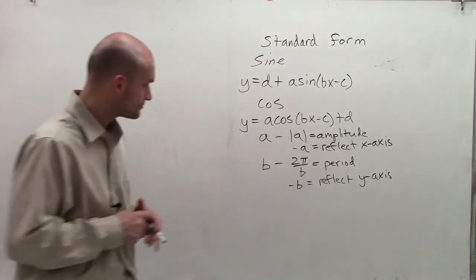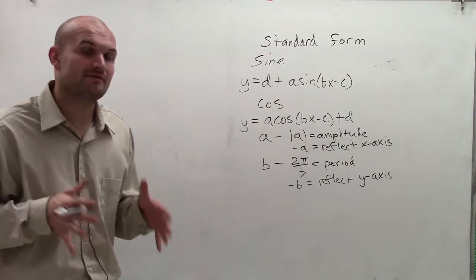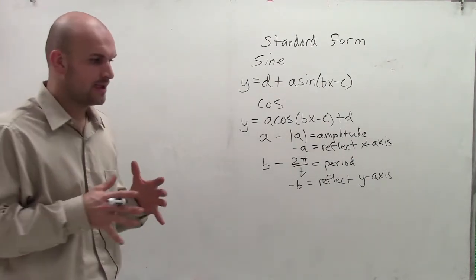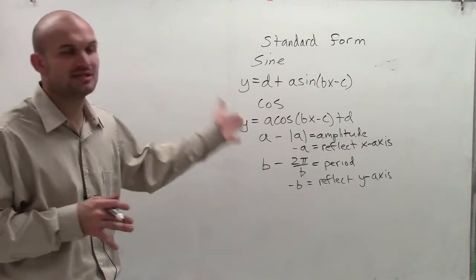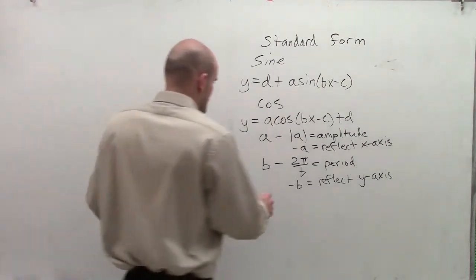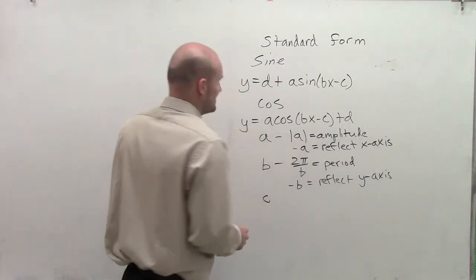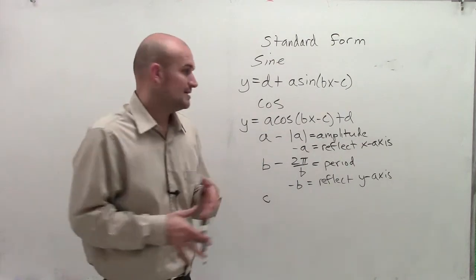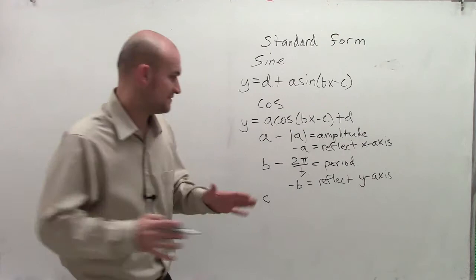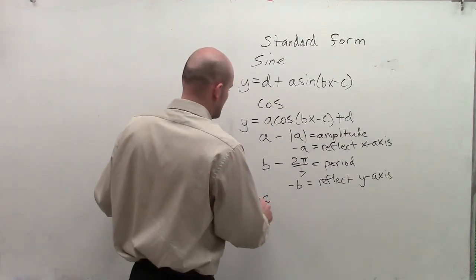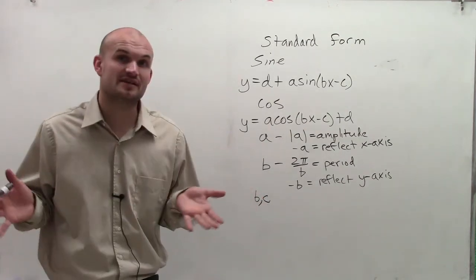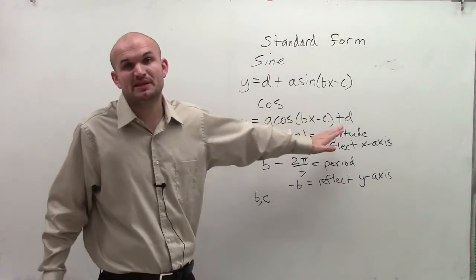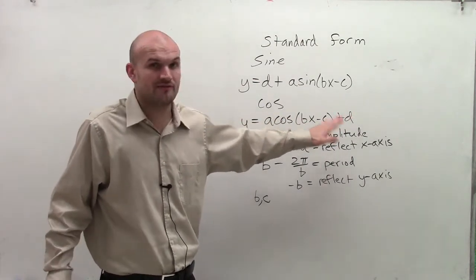All right? Now, b is going to have an effect on the phase shift, but I'm going to use that in the definition of c. So c is going to be dealing with our phase shift. The way we know what the phase shift is going to be is that b and c affect it together. Now, if b had a value of 1, then c would be the only factor that would affect your phase shift.